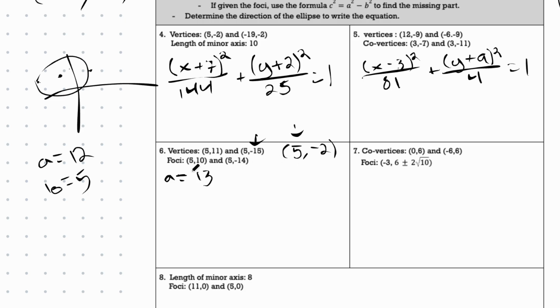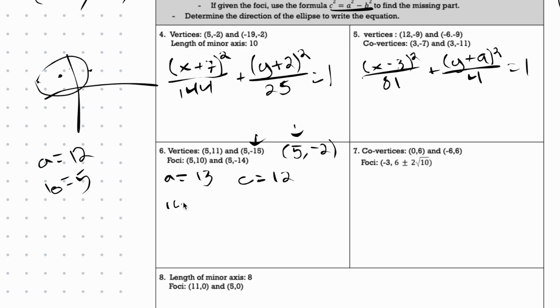Right here, we're talking about our foci now, this second piece of information, and that's also going to be along our major axis. But here we're talking about c. So what's the distance from 5, negative 2 to 5, negative 14? That's just going to be 12. So our c value is 12. Now I'm just going to plug it into this equation up here.